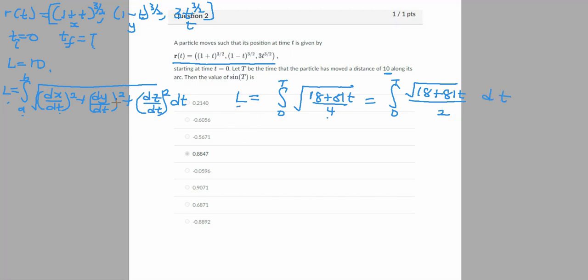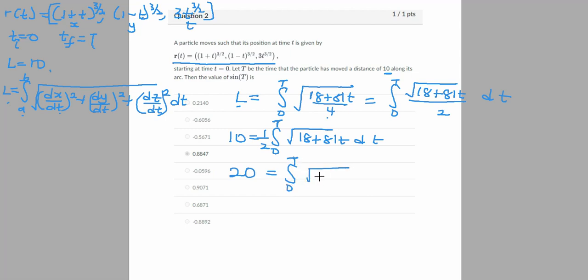So our L is the integral from 0 to t of 1 over 2 root 18 plus 81t dt. This can come in, that's 2L equals the integral from 0 to t of root 18 plus 81t dt. So this is what we need to now integrate.